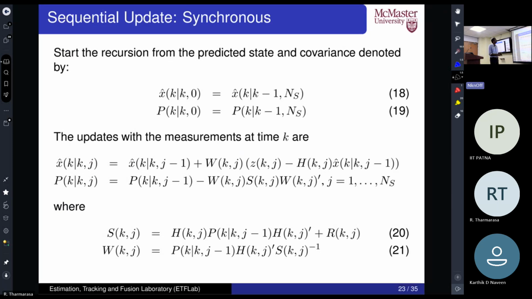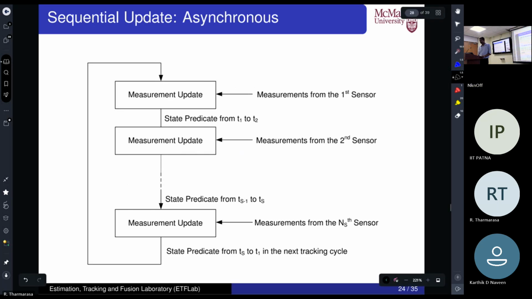And this one says synchronous case and sequential update. This one says you do the Kalman filter without prediction because the t is 0, so you don't need to predict. So you update with one of them, take that one and update with the other. Right? So this is what basically we do. If you have n sensors and all of them report at the same time.